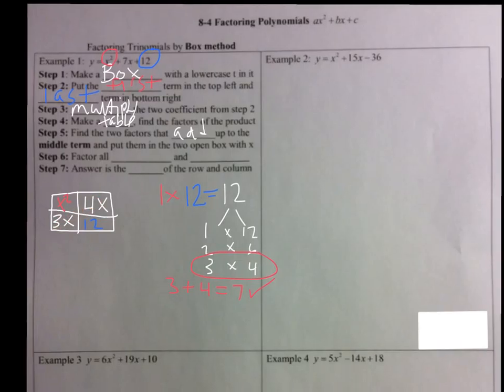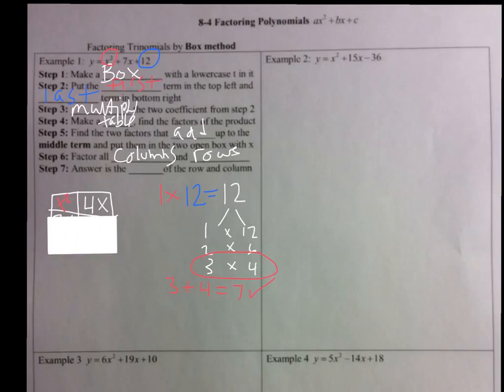Alright, step number 6. You want to go back to your box and you want to factor all the columns and rows. So to do that, I suggest you use a box to cover the bottom two terms and just look at the top two terms for a second.